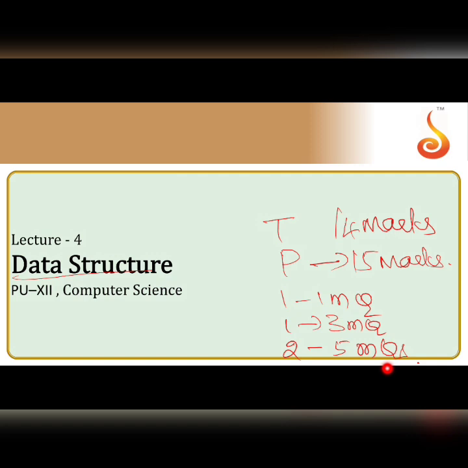If you are aiming for 100, then you have to be thorough with this, and it still has 2 five-markers. So do pay attention to this chapter.